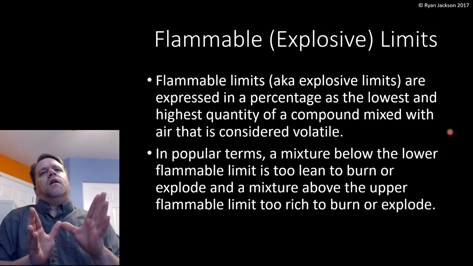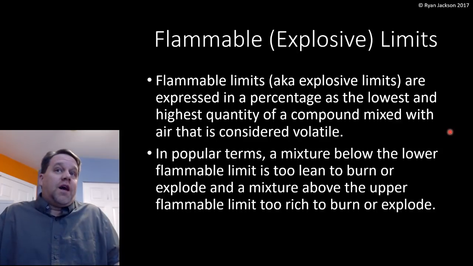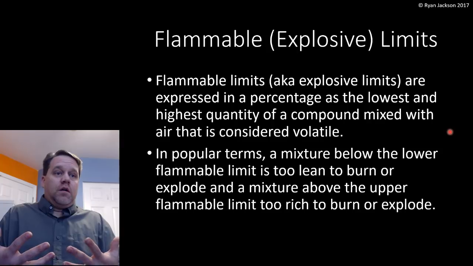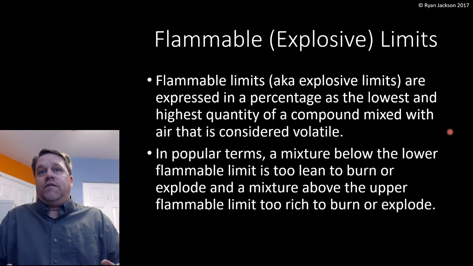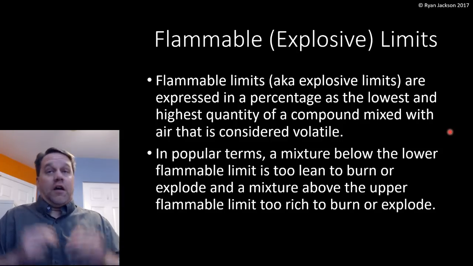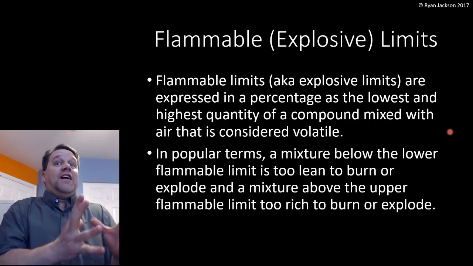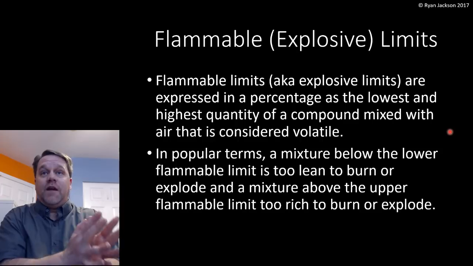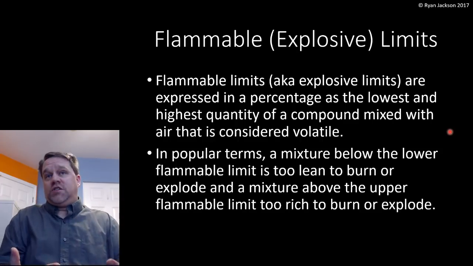So if I have a room that has gasoline vapors, if it is 99.9% air and 0.001% gasoline vapors, that's not going to ignite. There's not enough fuel. Or if I had, and I don't know how you would ever get to this point, but if you had like seriously 25% gasoline vapor and 75% environmental air, that's too rich to burn.